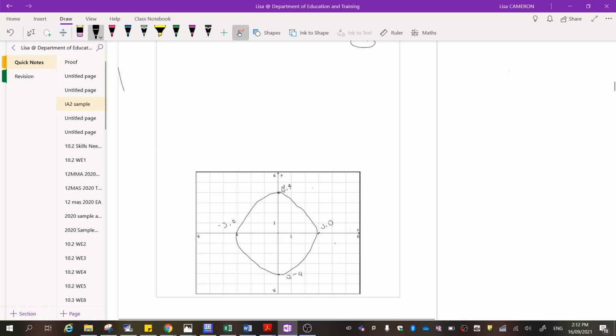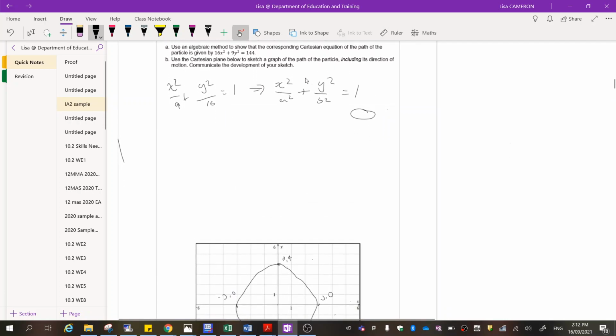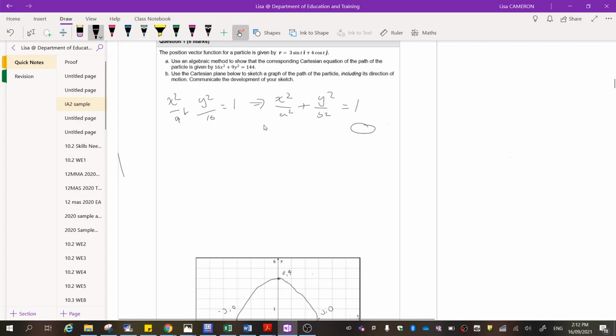So if we have a look at the original equation, we've got r equals 3 sin t i plus 4 cos t j.